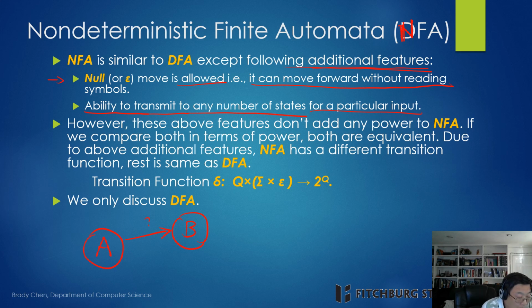So if the current state is A, and the input is 0, then it can move to B, or it can move to C, or it can even move back to A.